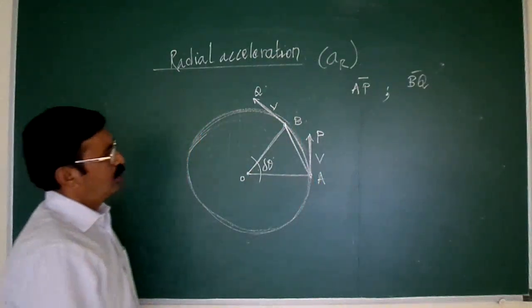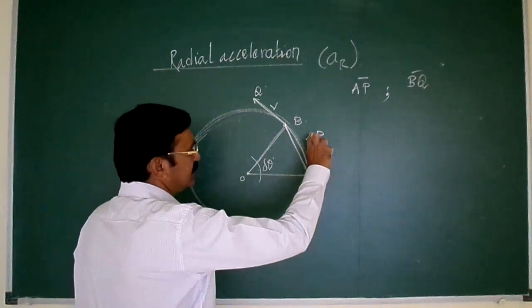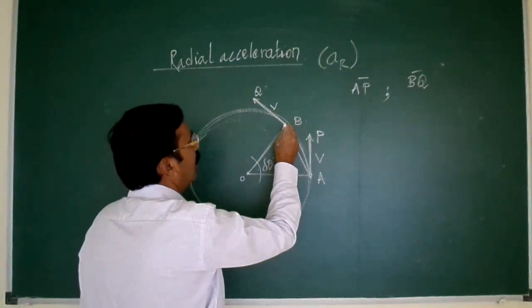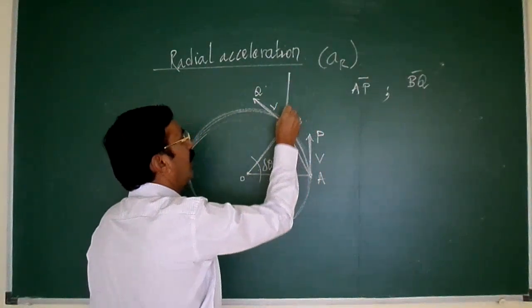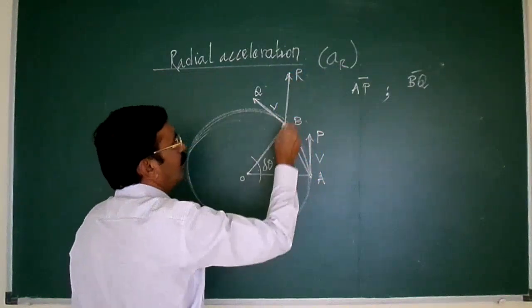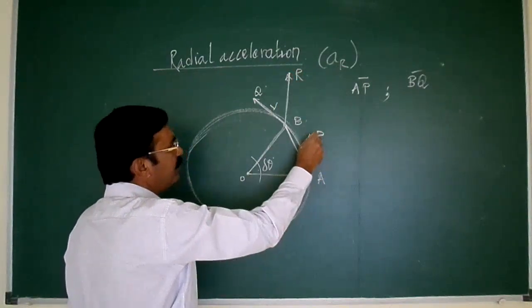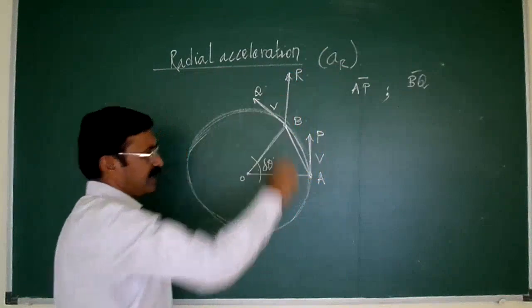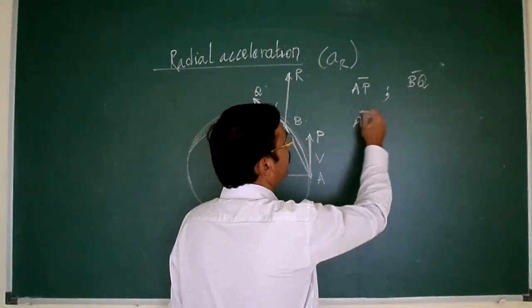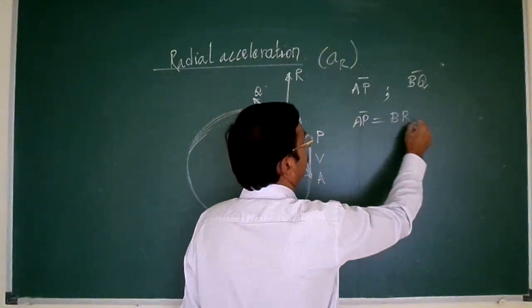Now let us plot this AP vector over here. So BR vector and AP vector are equal vectors and parallel vectors. AP vector is equal to BR vector.